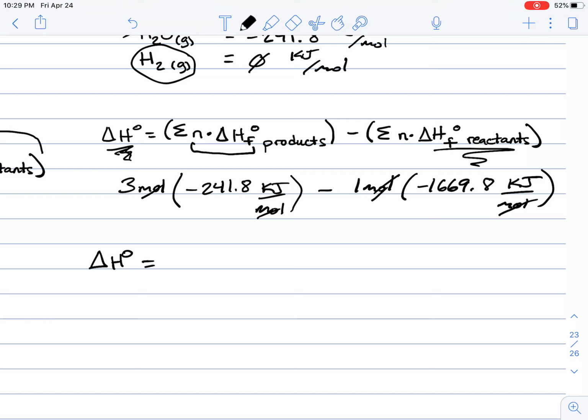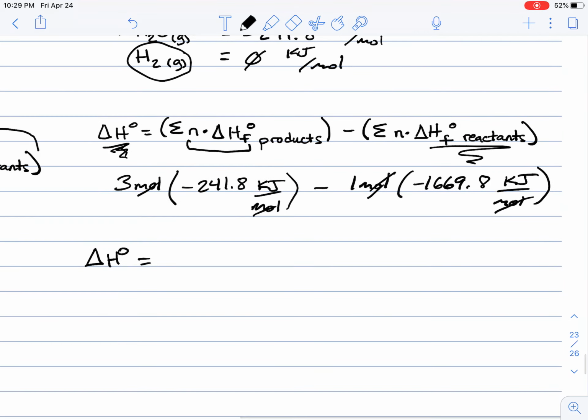Here I have 3 times negative 241.8 minus negative 1669. So it's plus 1669.8. And so my change in enthalpy under standard conditions is 944.4.